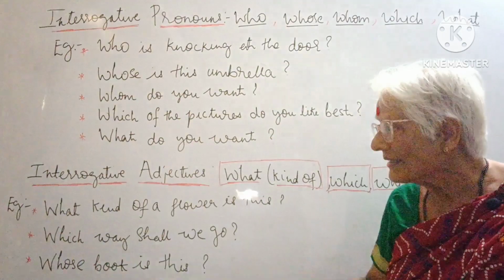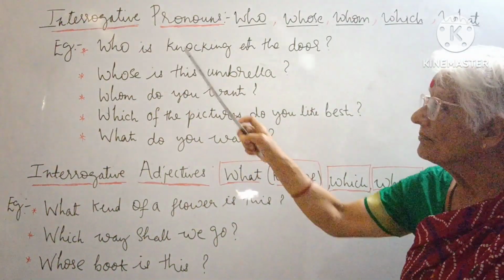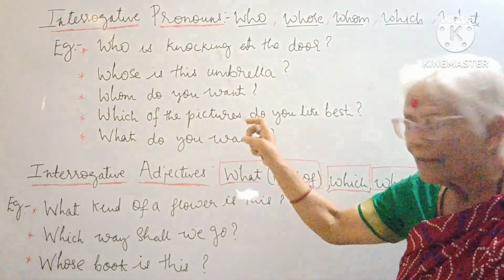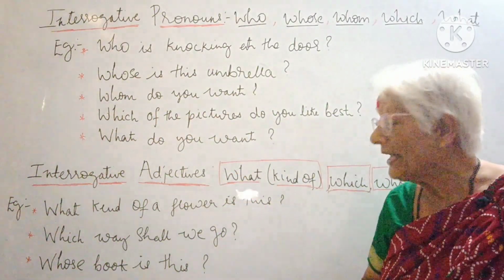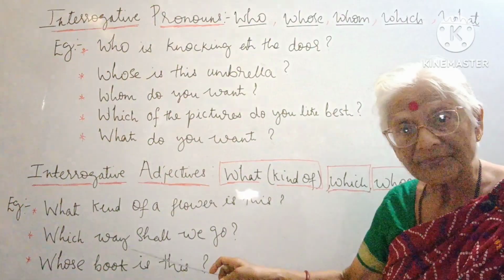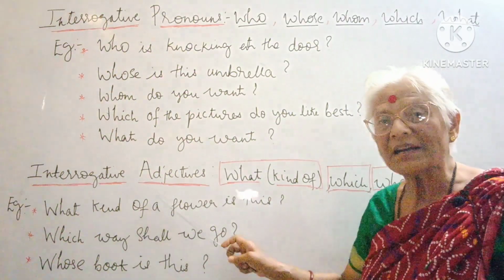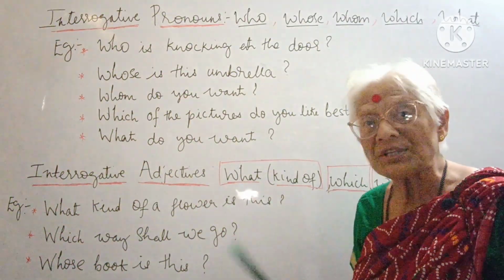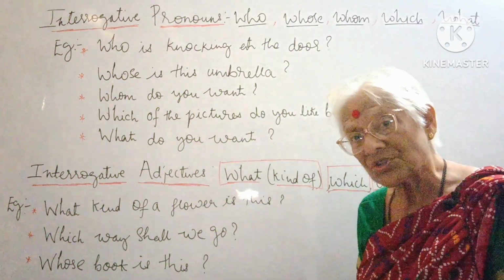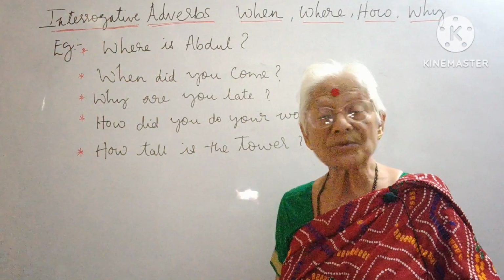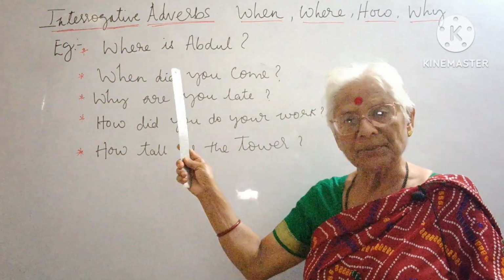So remember children that all these are interrogative pronouns. They stand by themselves. Interrogative adjectives are placed before nouns. So these are what we call WH questions, which are very necessary when we ask questions otherwise. Now let us proceed to interrogative adverbs.